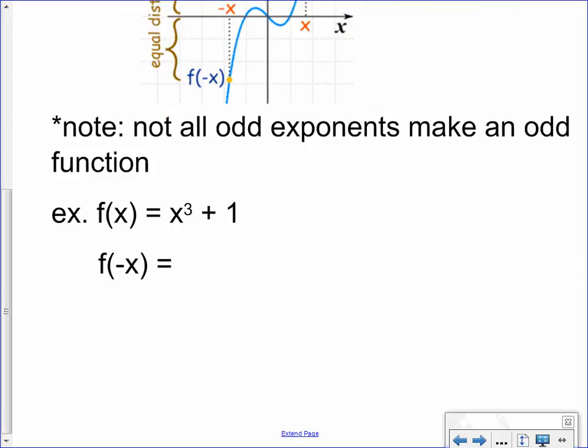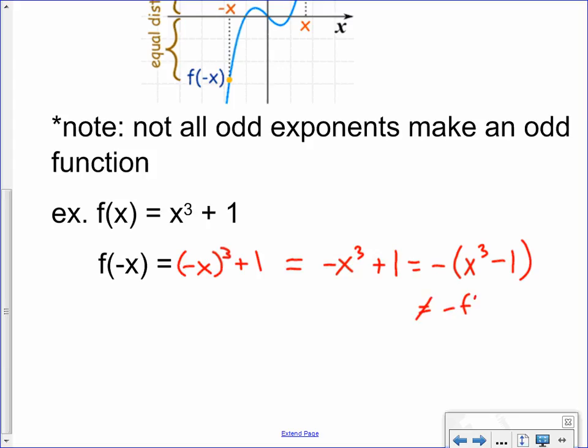If you were to do f of negative x, it would be negative x cubed plus 1, which is just negative x cubed again. But if you factor out a negative 1, it would become x cubed minus 1, right? And that is not equal to negative f of x. So that would not be an odd function.